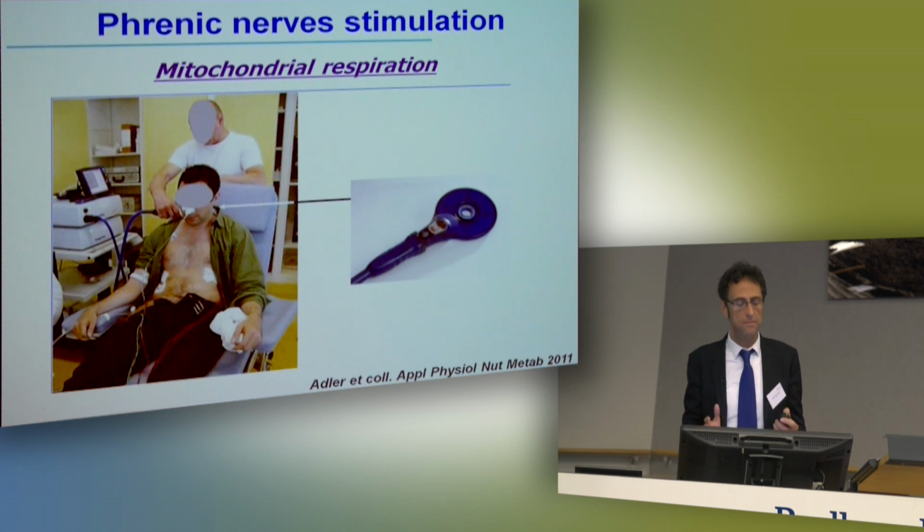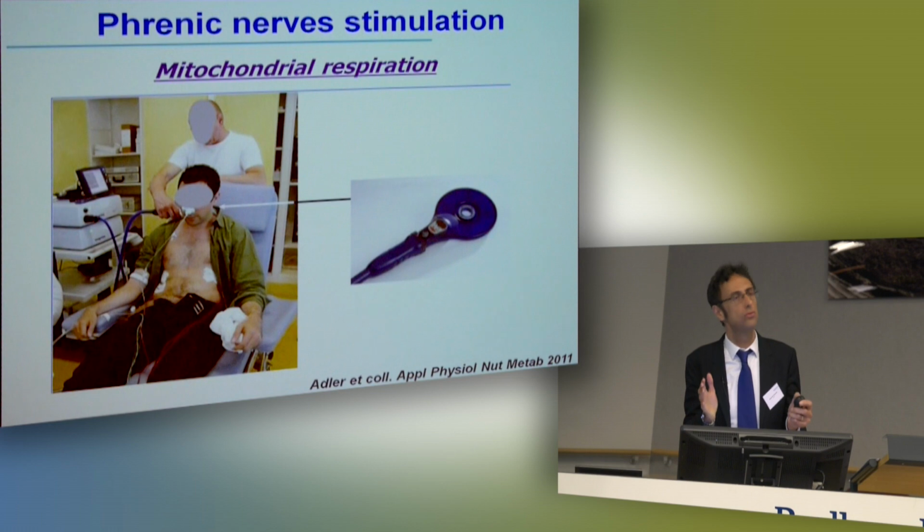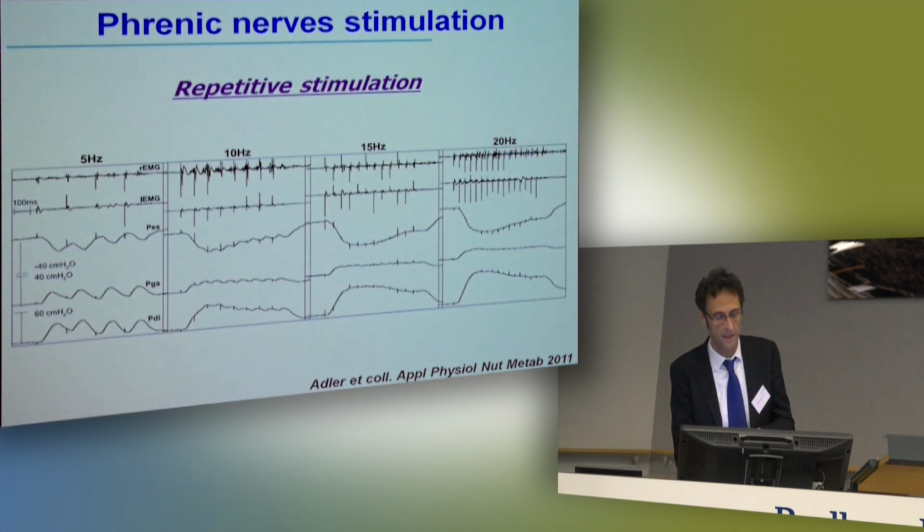What we could do in patients maybe is to restore the phrenic activity using repetitive magnetic stimulation of the phrenic nerves. This is a non-invasive technique, so we stimulate the nerves like that, and we did a trial in healthy subjects just to evaluate if it was possible.